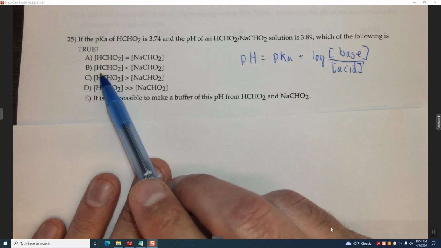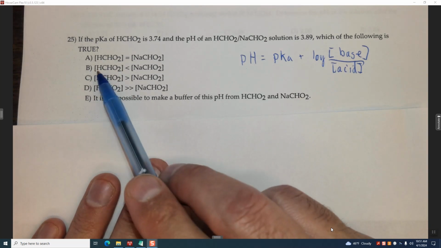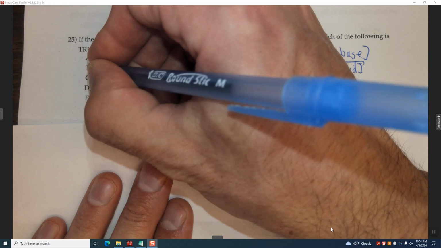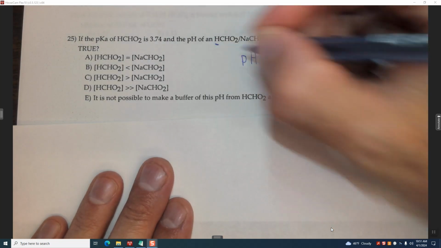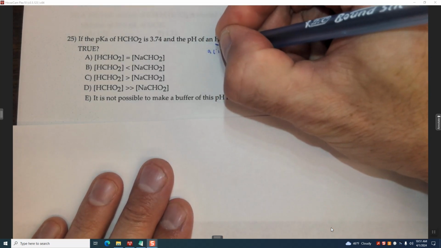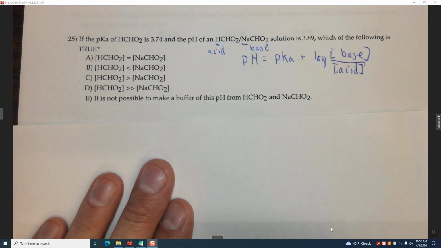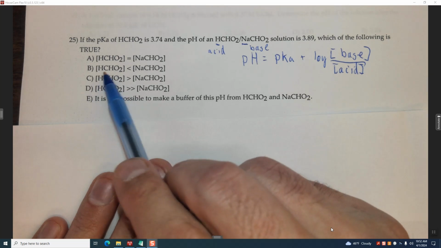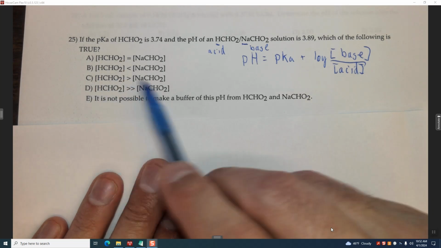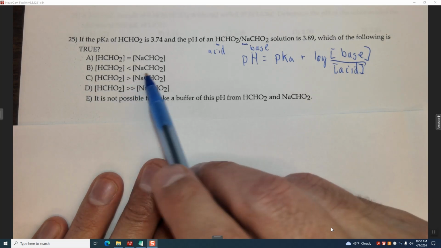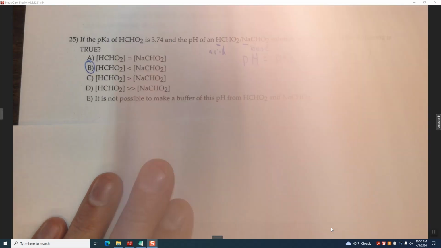Notice the H is a giveaway of the acid, and the Na is a giveaway of its conjugate base. So if we look at this, the HCHO2, the acid concentration, is less than the base concentration. That's what we want.